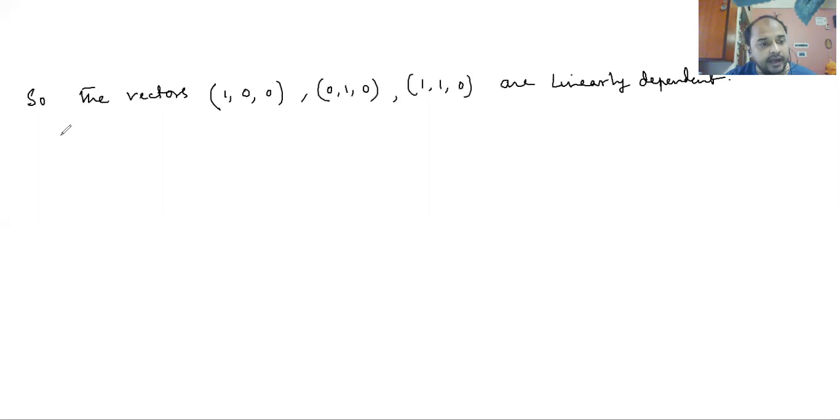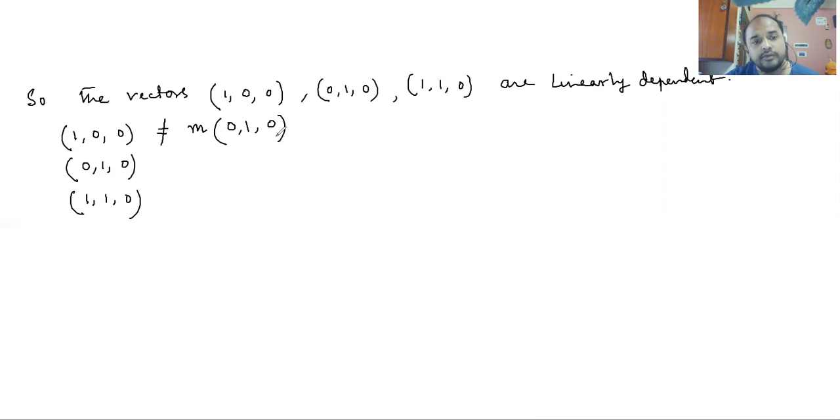Okay, but if you consider these vectors carefully, you will get to see that I cannot express this vector as a multiple of the other vector. I cannot express 1 0 0 as a multiple of 0 1 0 or 1 1 0.